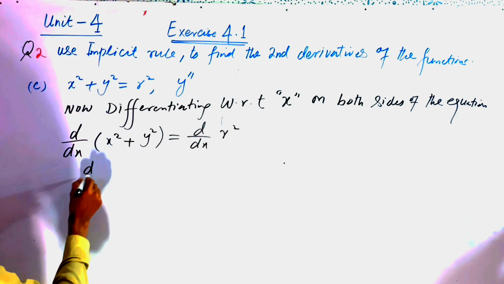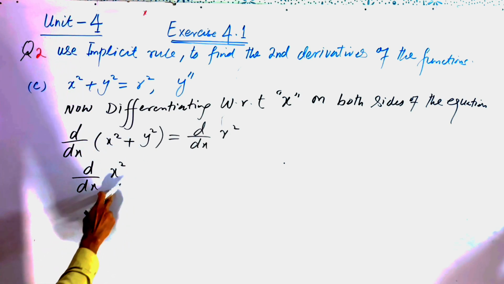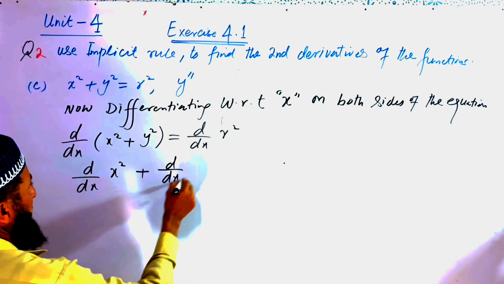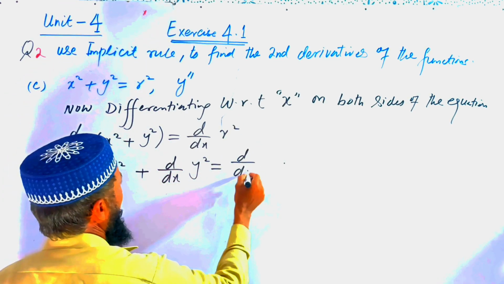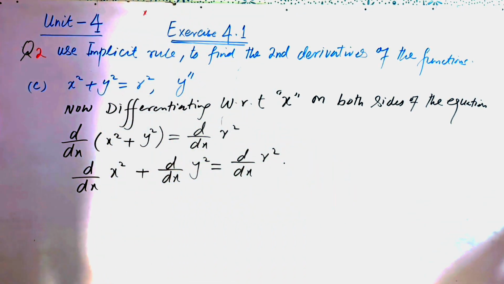Now we apply it individually: d by dx of x square plus d by dx of y square is equal to d by dx of r square.